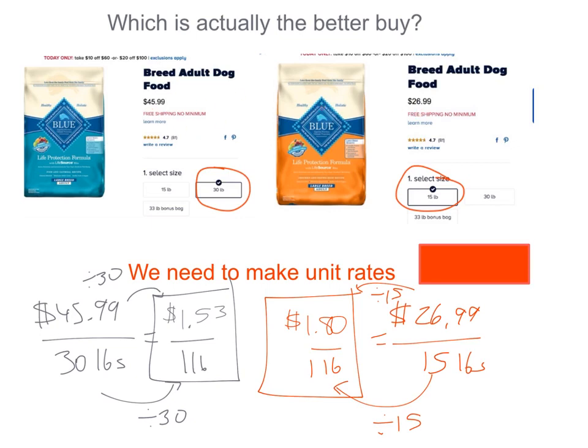But how much are you actually paying per pound? It's only $1.53 per pound, whereas this one was $1.80. So it is true that when you buy the bigger bag, you generally pay less per pound. That's pretty much the case across the board with most products. The more you buy at once, the cheaper it actually is per pound. So if you're going to end up using 30 pounds of food, you're better off buying one big bag than buying 2 small bags.